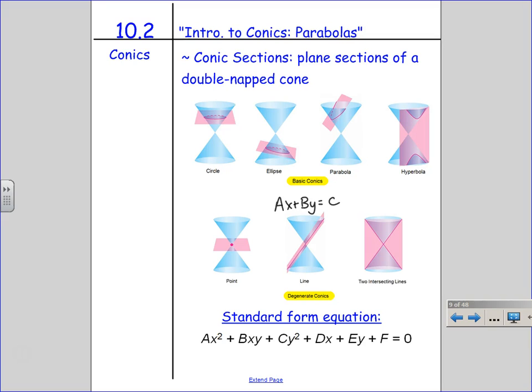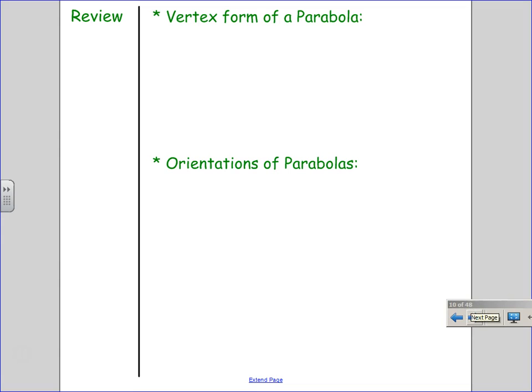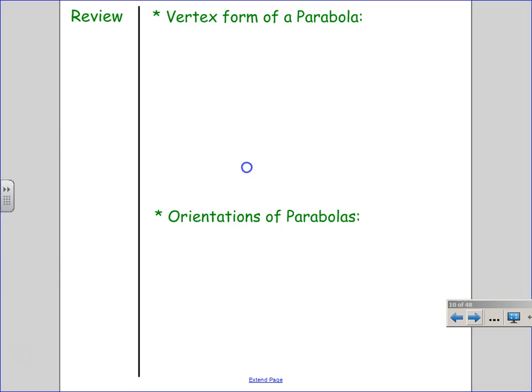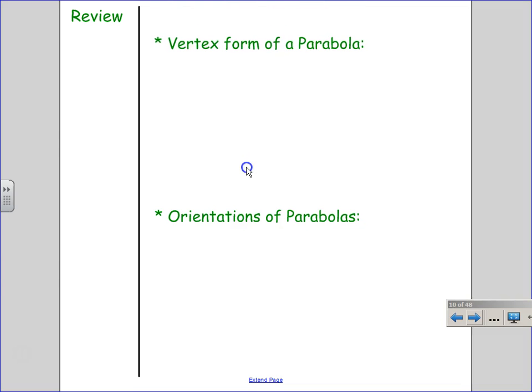Does this equation for a parabola look like the one that we learned at the beginning of the year, though? Sort of, kind of, maybe. The one we learned at the beginning of the year. Let me see if it's on the next page of notes or whether it's something I come up with on my own. Oh, no, it is. You guys might not realize it, but whenever I have anything in green, it's always review. Vertex form of a parabola.